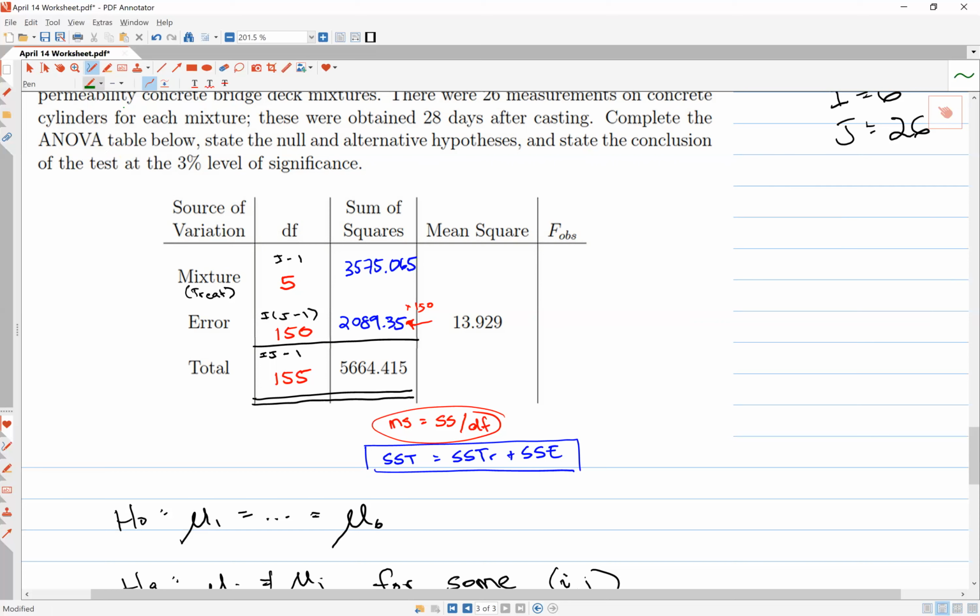And now we can convert that to a mean square value just by dividing by the degrees of freedom, which is 5. So if we do that here, we get 715.013. And that gives us everything we need to calculate F observed, because F observed is just the ratio of the treatment mean squares divided by the error mean squares, which in this case is 51.333.